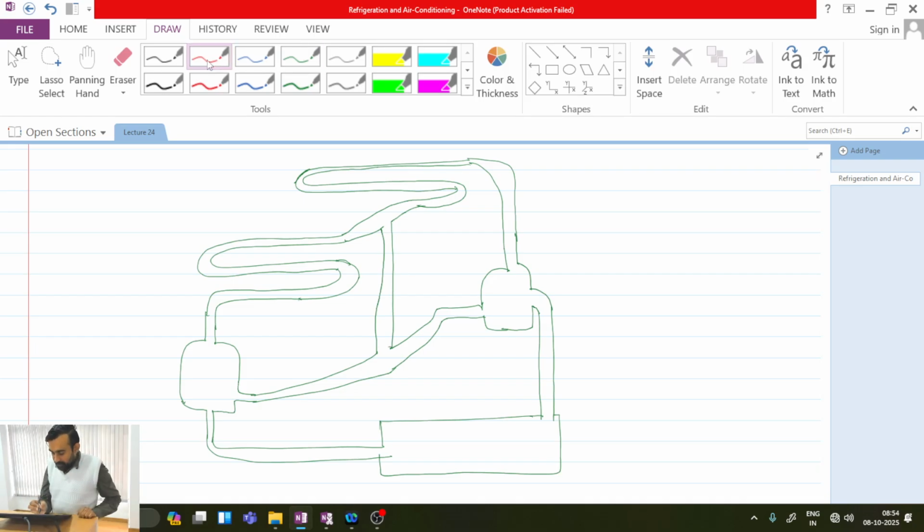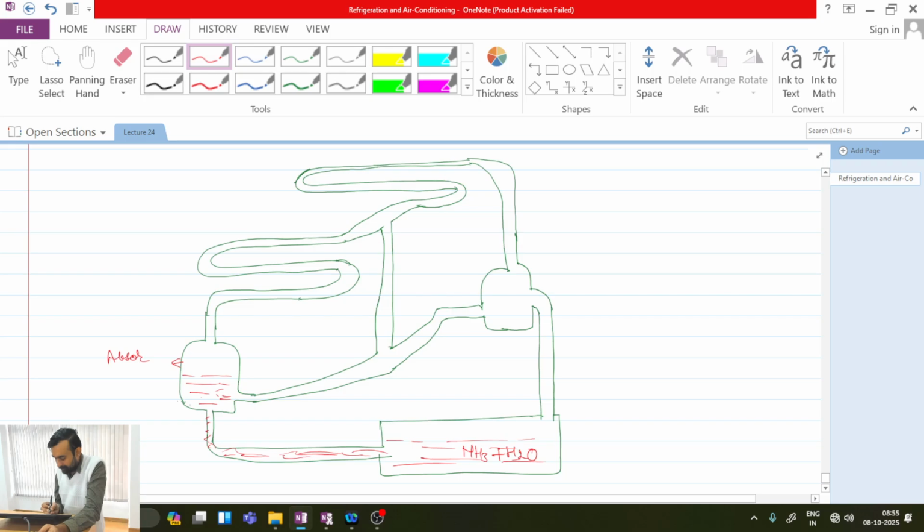So here I will have ammonia plus water. This is my absorber section. In the bottom of the absorber I will have ammonia plus water. This is the evaporator. In the evaporator I will mostly have ammonia.